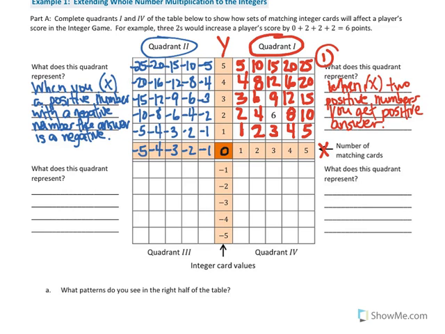Okay? When you multiply a positive number with a negative number, sorry, my handwriting is so sloppy. It's hard to write with this. The answer is a negative. So your product or your answer is negative, okay?